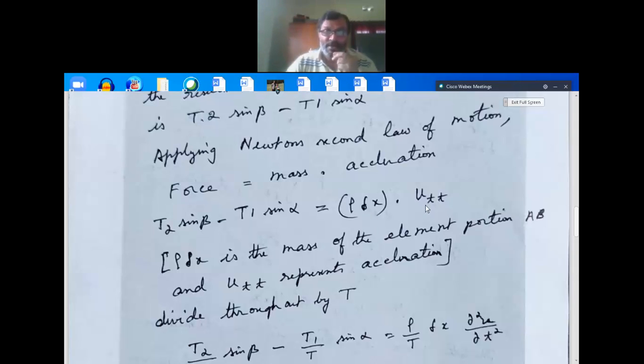So the force is mass into acceleration, where mass is rho into delta x and acceleration is dou squared u by dou t squared.